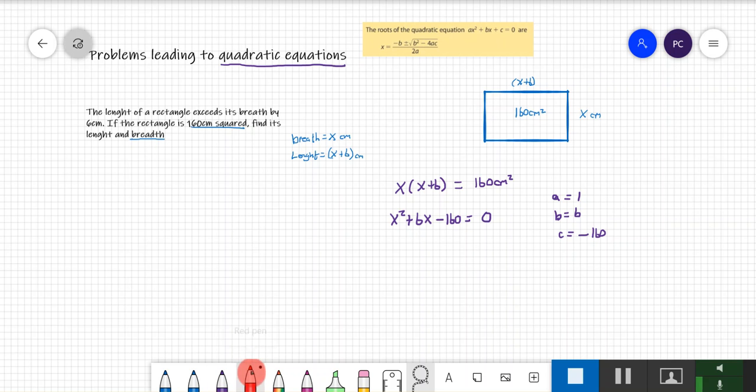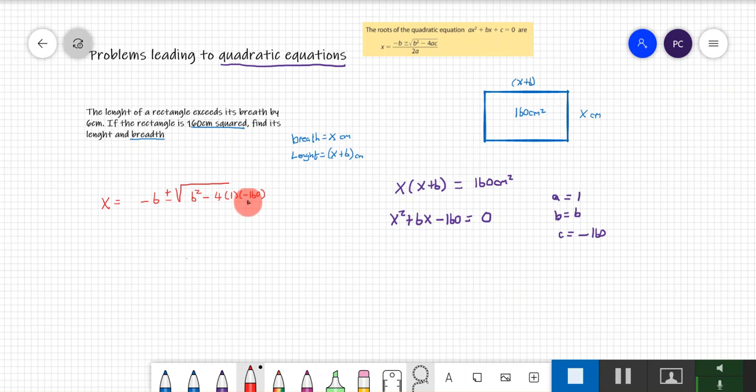I'm just going to write this over here, and make it a bit bigger. So x is going to be equal to minus b, where b is 6, so minus 6, plus or minus the square root of b squared, so 6 squared, minus 4 times a, which is 1, times c, which is minus 160.